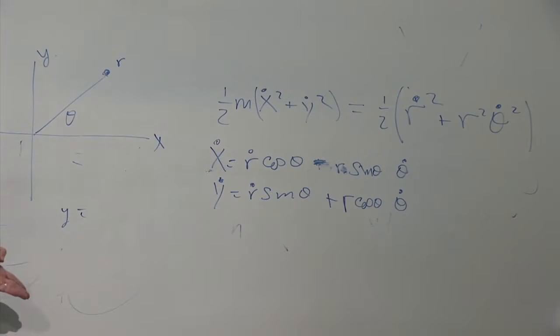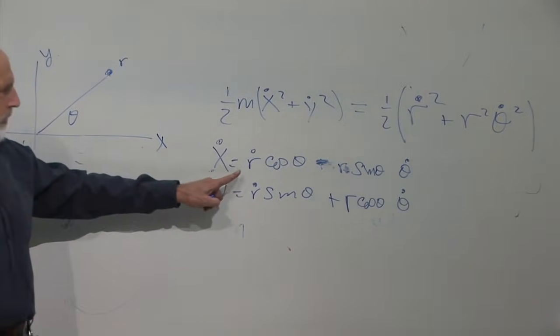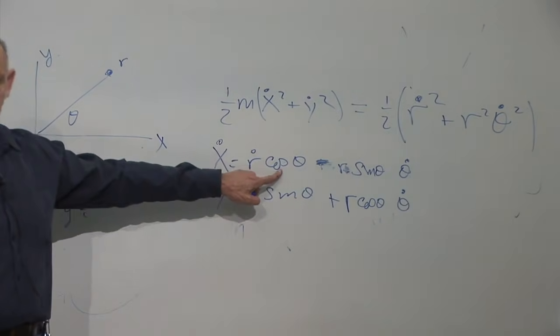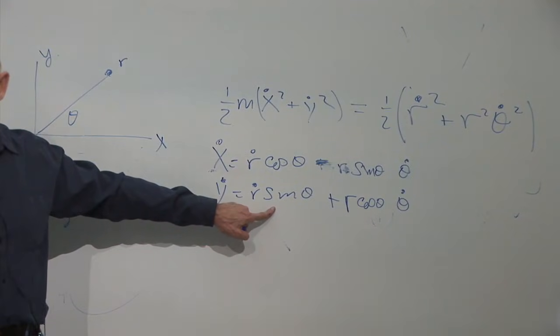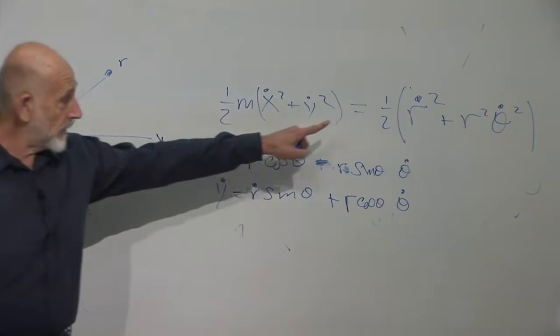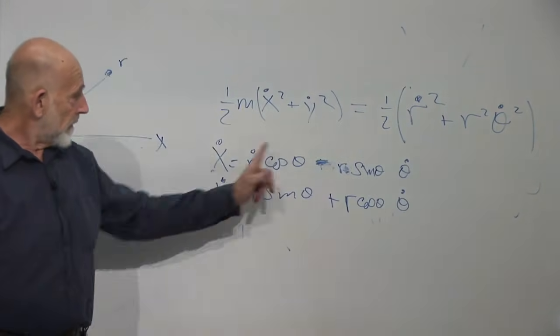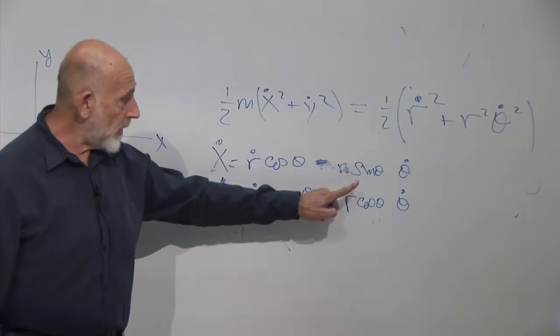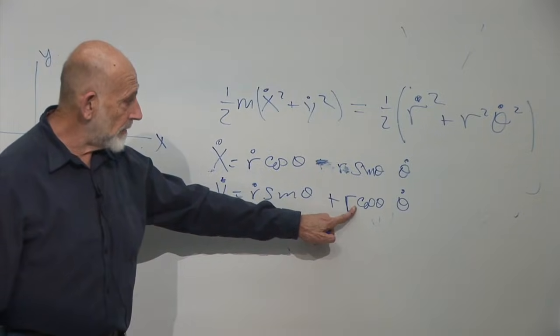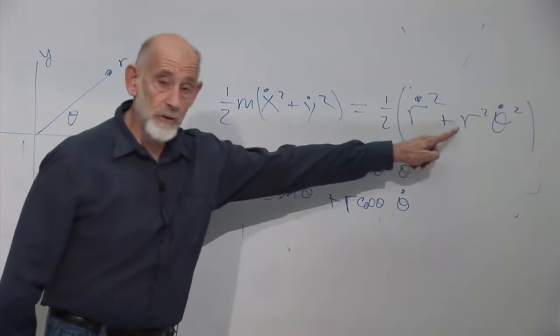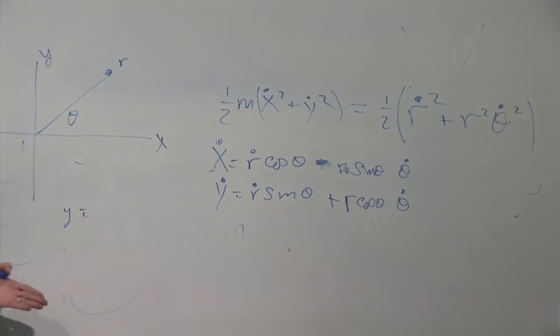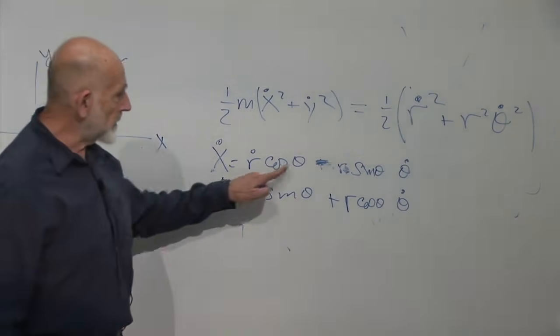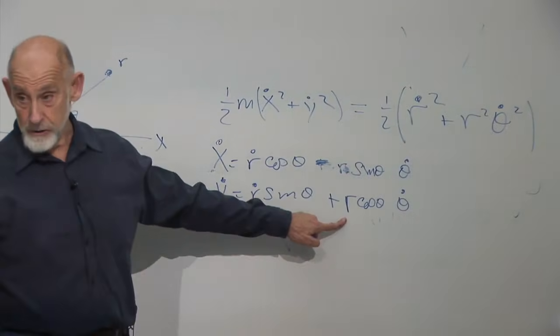Let's look at it. X dot squared plus y dot squared. X dot squared will have r dot squared times cosine squared, plus sine squared, so that'll be your r dot squared. It'll also have r squared, sine squared plus cosine squared, and theta dot squared. That's this term here. And what about the cross terms? You'll have this times this, and they cancel.